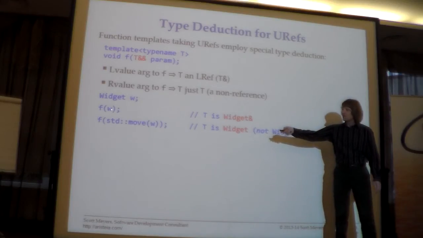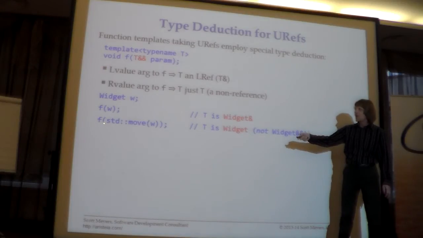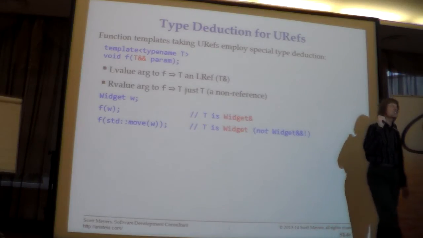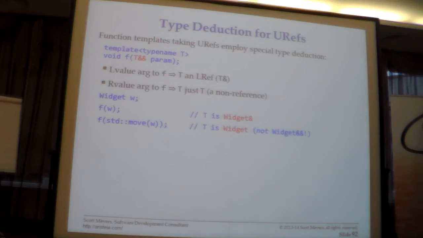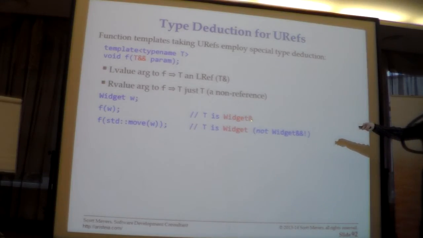If I call f of w, the type T will be deduced to be widget ref because w is an L value. If I do f of standard move of w, that's an R value, the type will just be widget. This is the type deduction rule for universal references. It's essentially one special rule, which is L values are always deduced to be an L value reference type.